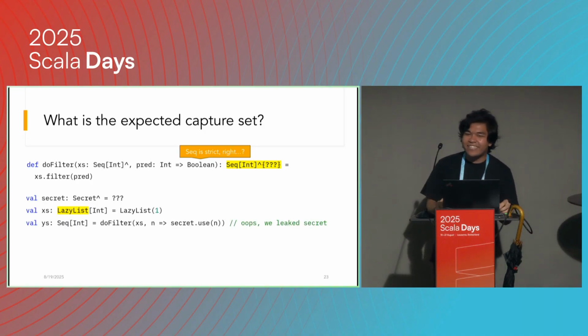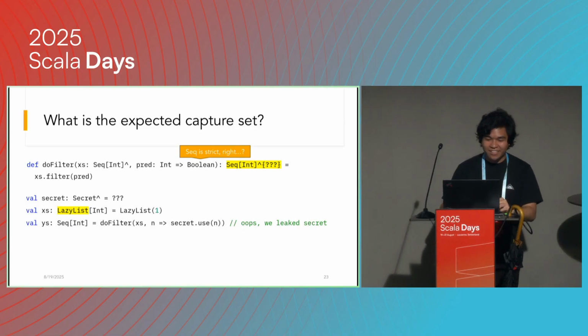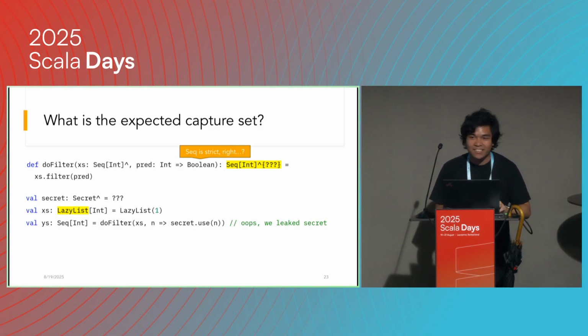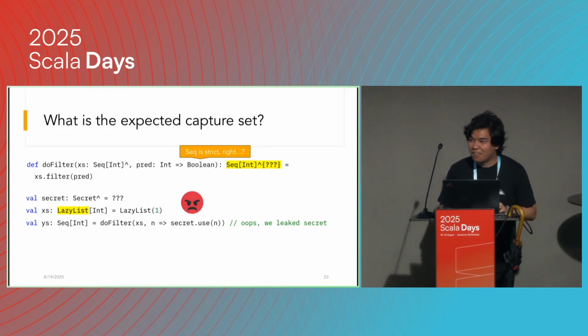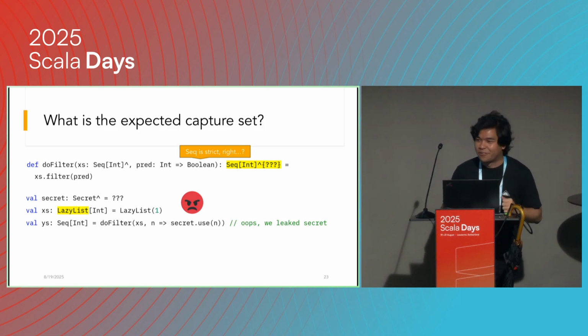There's a sneaky little data structure called LazyList that actually extends Seq. And it's not that hard to just do something bad with a LazyList. I suppose I should have made some people angry about knowing this fact. Now your life is ruined because you don't know whether your Seq is lazy or strict anymore.